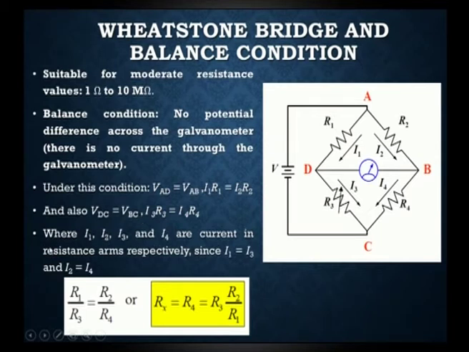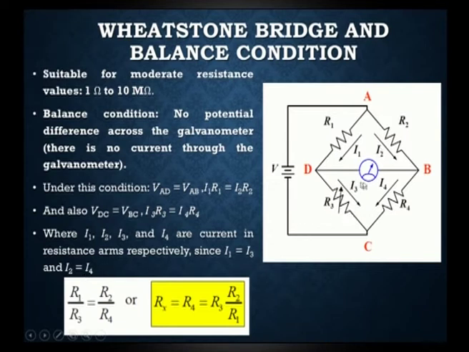Here I1, I2, I3 are the currents in the resistance arms, and we know that I1 is equal to I3. This I1 current is equal to I3 because Ig is 0, in the sense that the galvanometer branch is open. So, the I1 flowing here is also flowing here. So, I1 is equal to I3 and I2 is equal to I4.